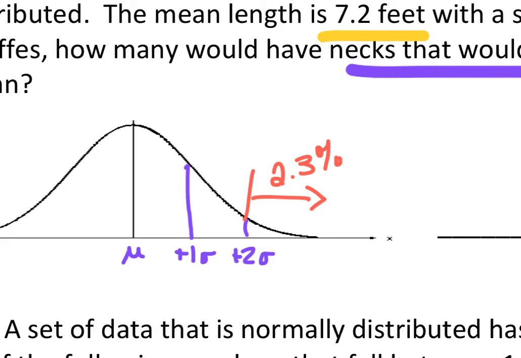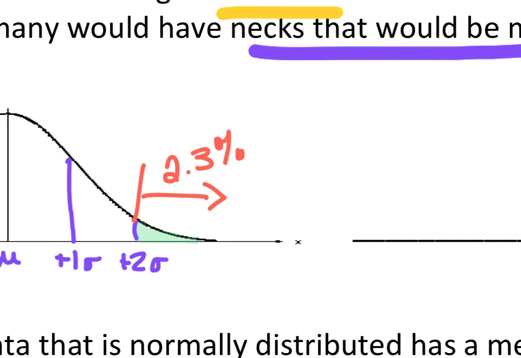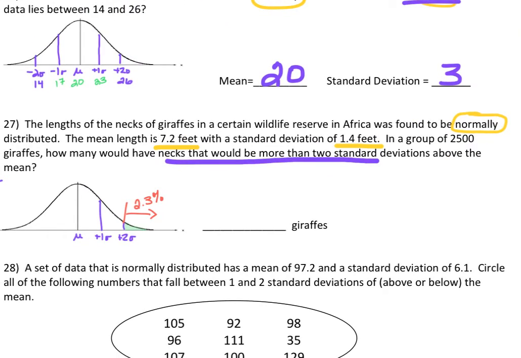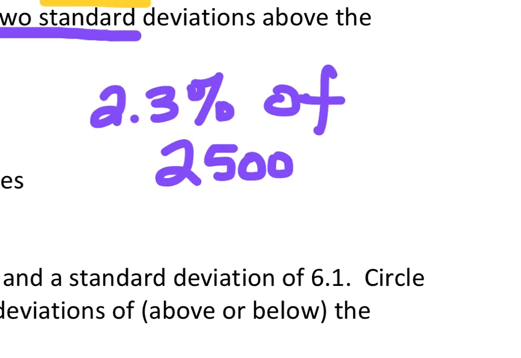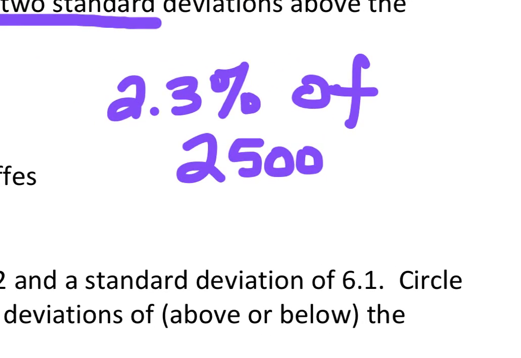And so I would actually not even compute those numbers. I want everything that's right in here, this little sliver here. I wouldn't compute the numbers. I would probably just say, okay, if we're looking for 2.3% of 2,500 giraffes, I would do that in my calculator just multiplying the 2.3%.